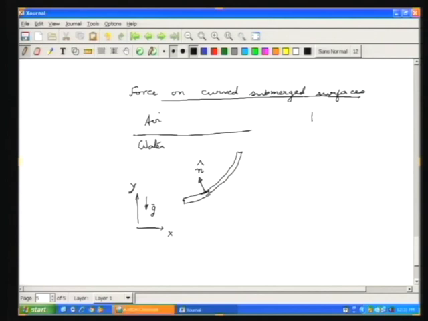That means, magnitude of n, which is root of n x square plus n y square, is 1. So, this n now is n x i plus n y j. The z component is 0. This is a plane. In this direction there is no curvature, let us say, in the z direction.